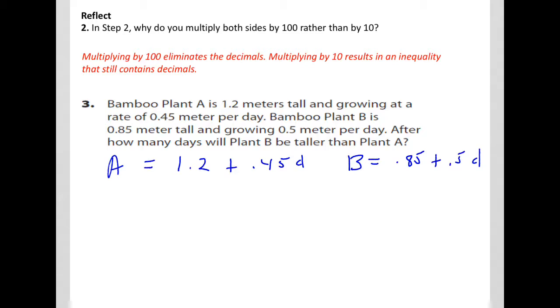So we're looking at B is greater than A. So saying that, let's go ahead and write our inequality.